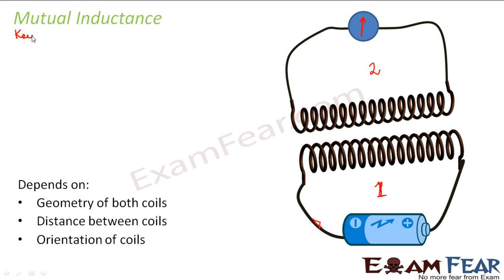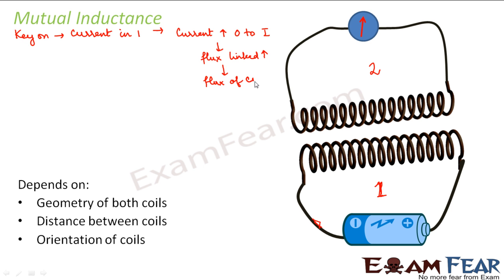So what happened here? You switch on the key, so current flows in coil 1. As a result, as soon as current flows in coil 1, current increases from 0 to some value I. So flux linked also increases. As a result, flux of coil 2 also increases.